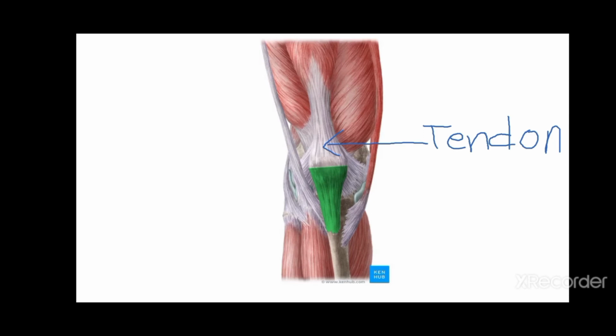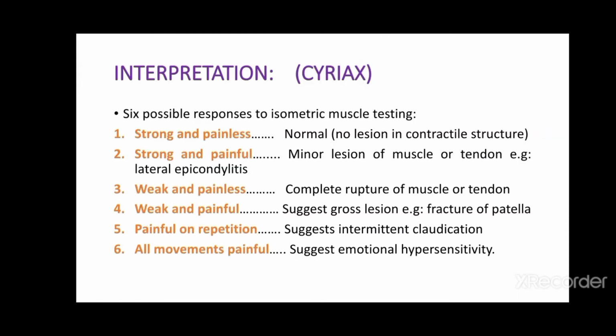Look at this picture. The patellar tendon is passing anteriorly to the patella. So whenever there is a fracture of the patella, the tendon which is passing anteriorly from the patella is injured. So the response will be weak and painful.